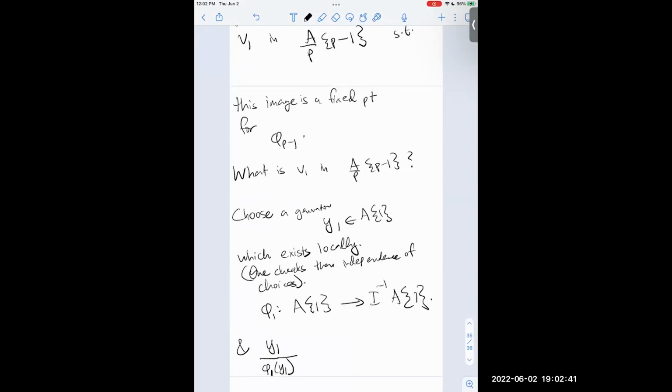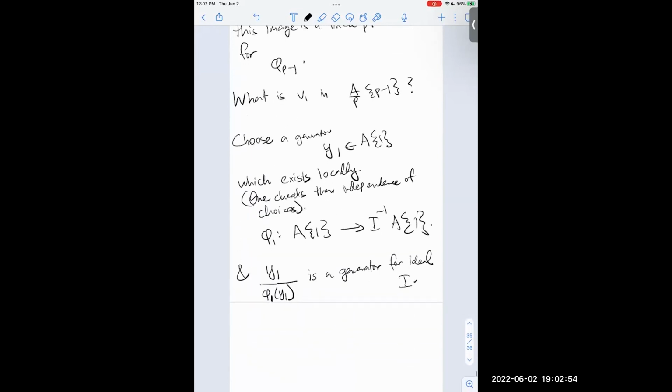This makes sense as an element of the ideal I, and it's a generator for the ideal I, because phi1 is an isomorphism upon phi-linearization. So we take y1, a generator of A twisted by 1, and phi1 of y1, which is now in I inverse times A twisted by 1, and form the quotient y1 divided by phi1 of y1, which is now living in the ideal I.